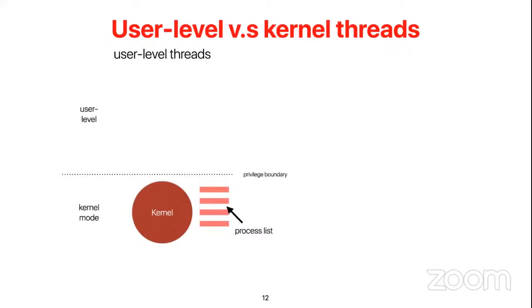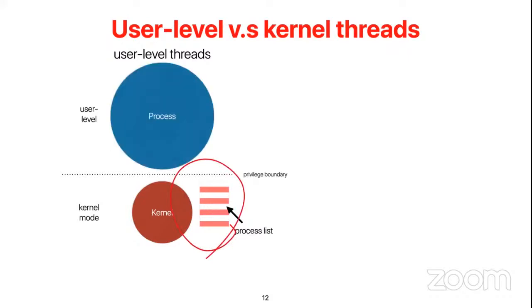The concept of user level threads is like this. The kernel is unmodified, so all your kernel can see is just processes. Whenever you create a process, you can call a runtime library, for example a pthread library.